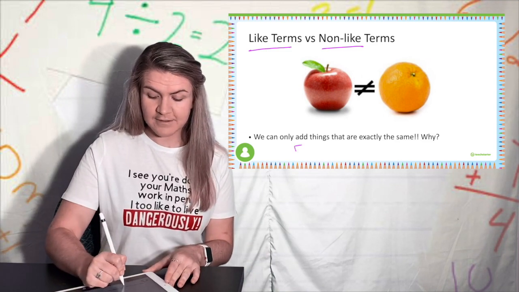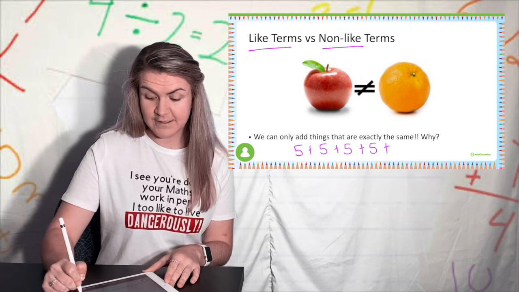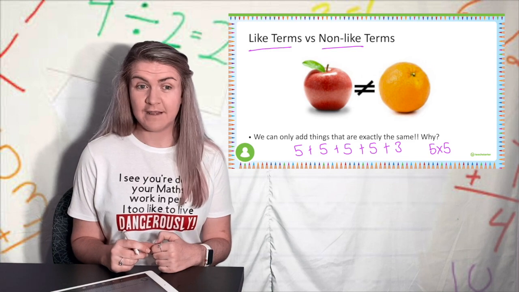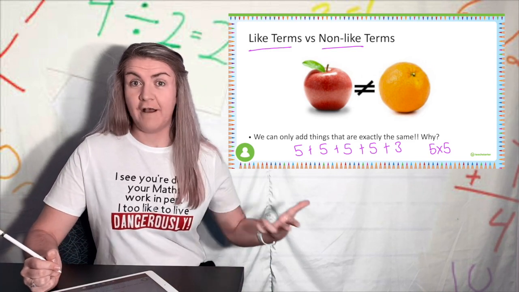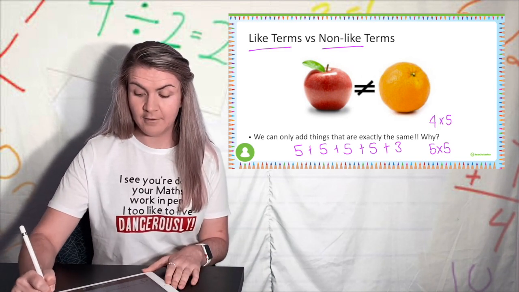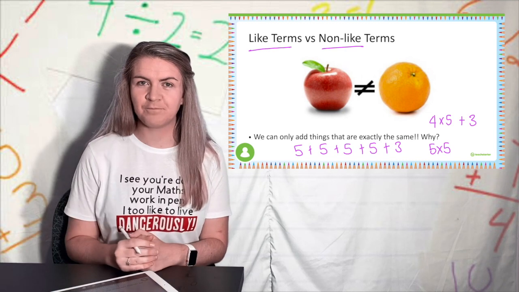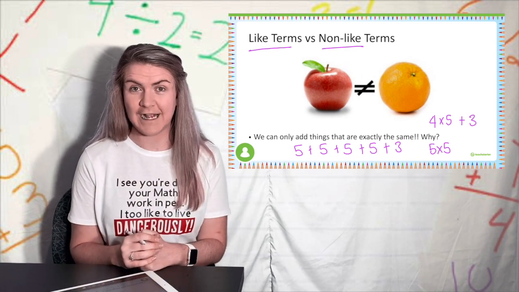Let's say we have the numbers 5 plus 5 plus 5 plus 5 plus 3. We couldn't say that's the same as 5 times 5 because we don't have 5 5s. We could say it's 4 times 5 plus a little 3 left over. So we can only ever add those things up if they were exactly the same.